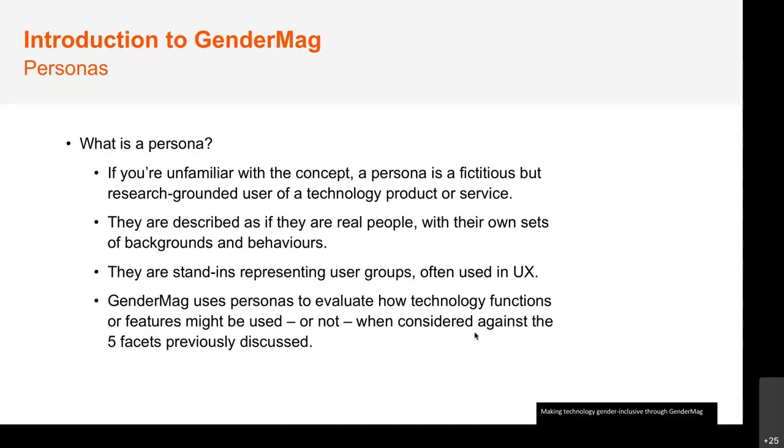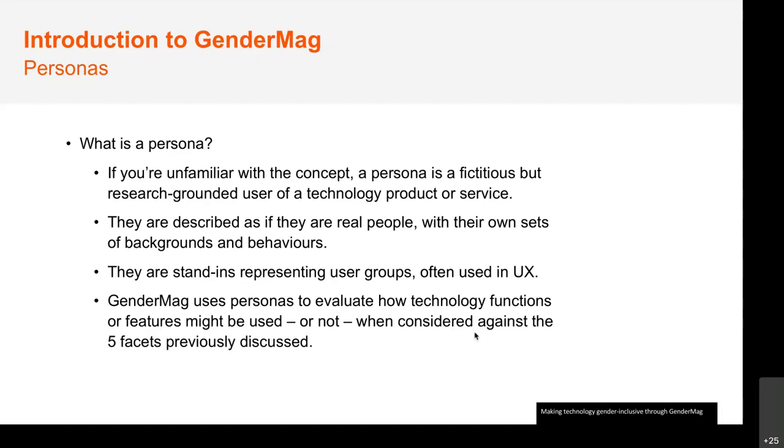They look and sound like real people. They have their own sets of backgrounds and behaviors. They usually have a picture and some descriptions around it. And as I said, they're archetypes, so they're stand-in representations of certain user groups, and they're often used in UX. So if you're coming from a UX background, I'm sure you have come across personas before.